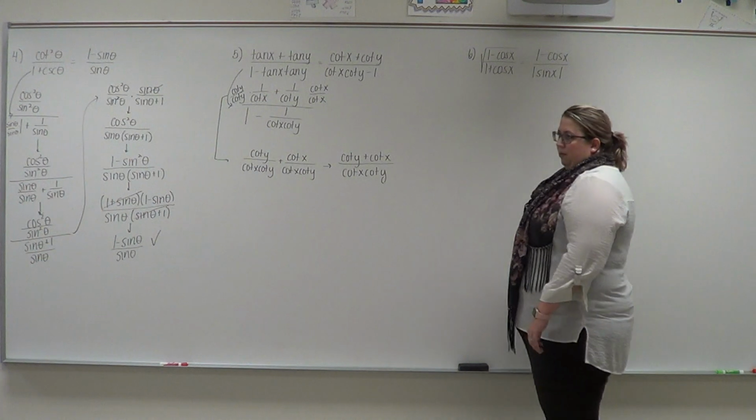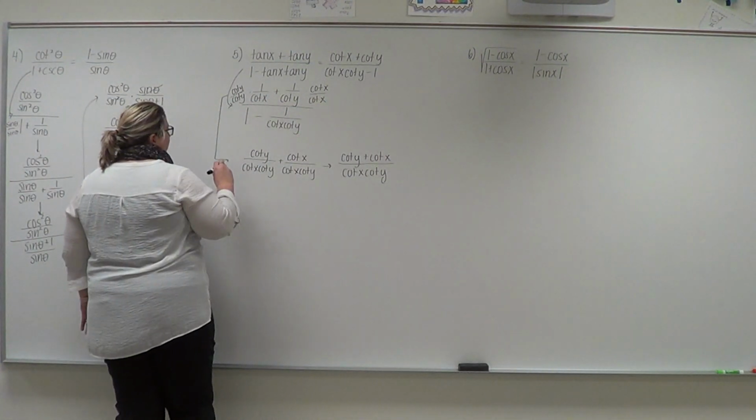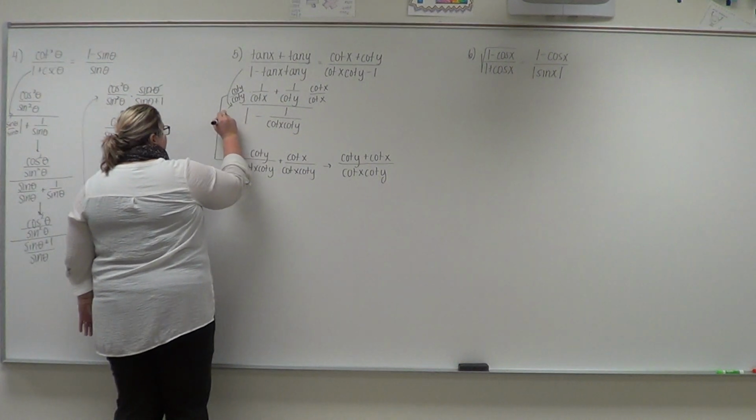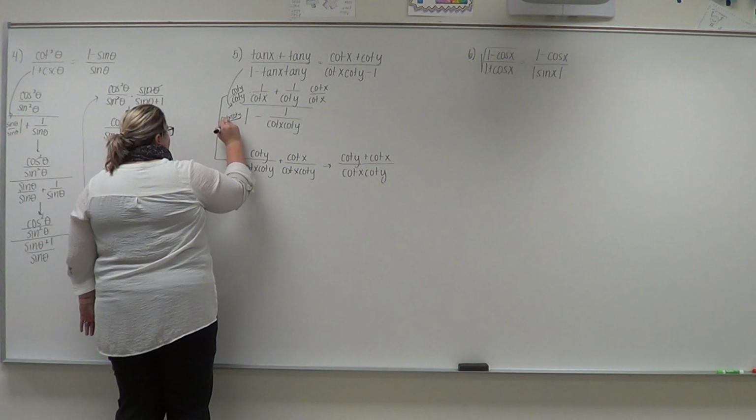Okay, so that's the numerator. Okay, so then the denominator. I need a common denominator. So this one has cotangent x, cotangent y, so I need to multiply the left one by cotangent x, cotangent y.